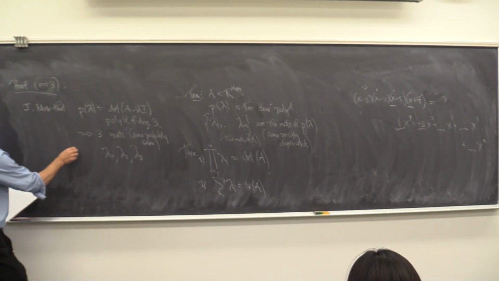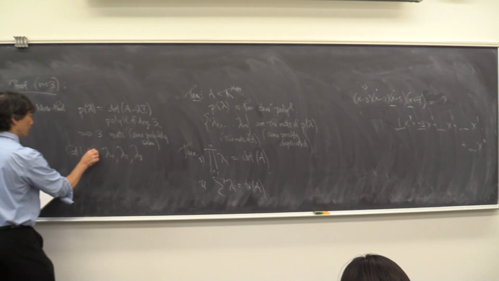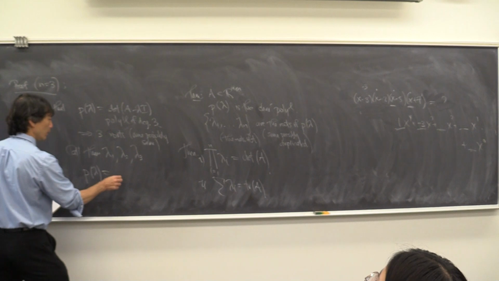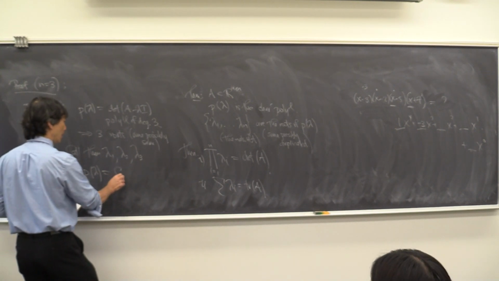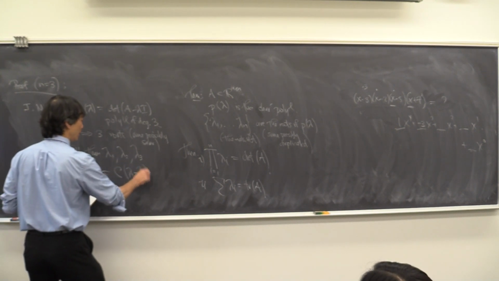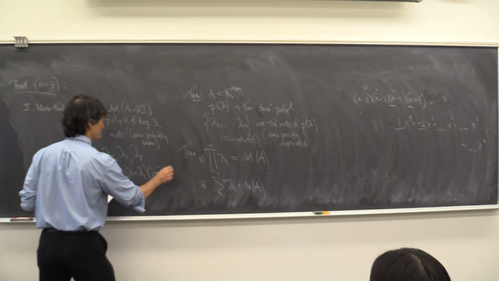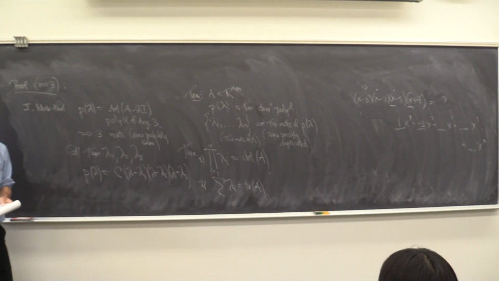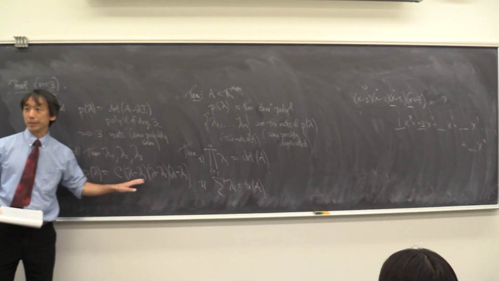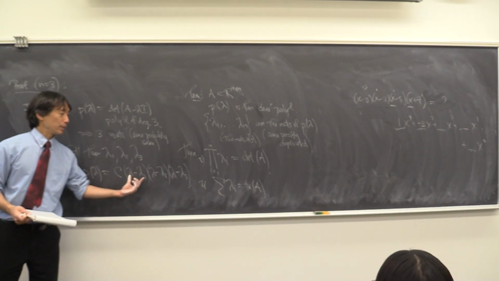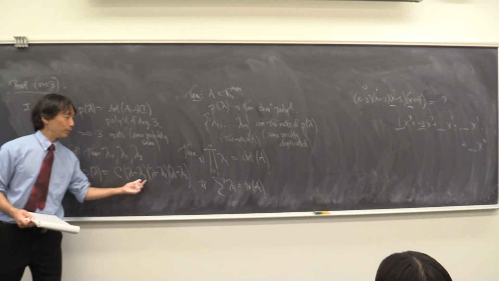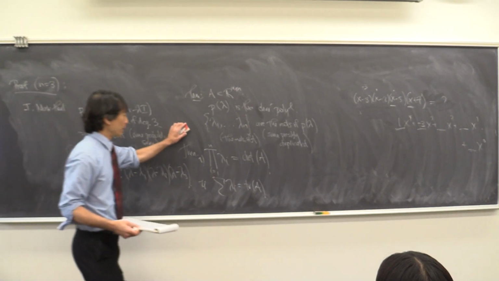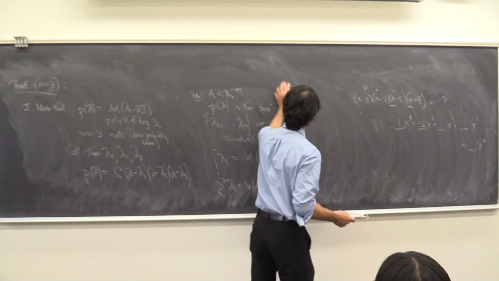Then P looks like some constant C times (lambda minus lambda 1)(lambda minus lambda 2)(lambda minus lambda 3). It's got roots at lambda 1, lambda 2, and lambda 3, so you can factor the polynomial into linear parts.